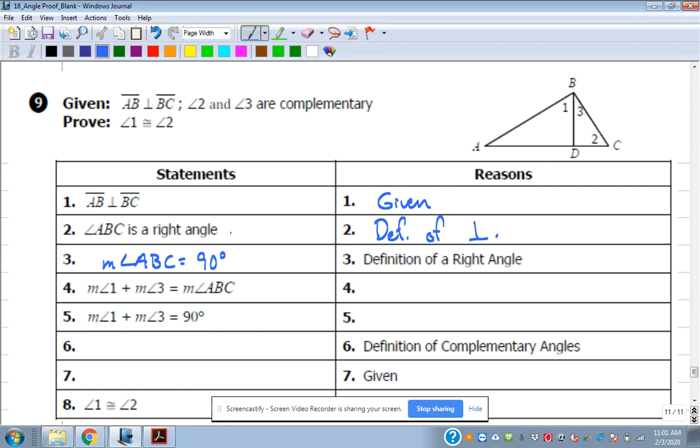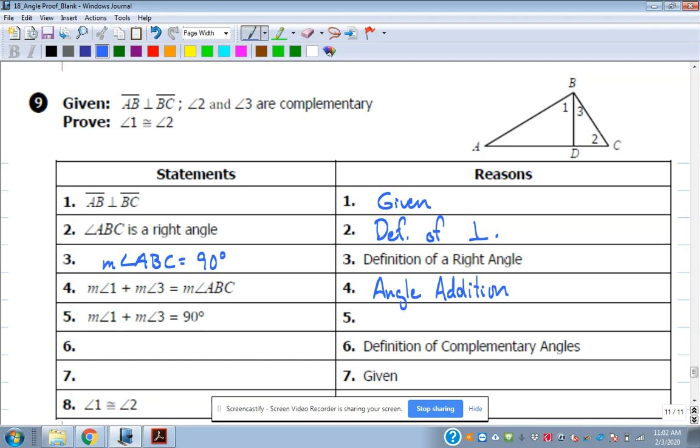And then number 4 says measure of angle 1 plus the measure of angle 2, or excuse me, measure of angle 3 is equal to the measure of angle ABC. So what is that? Angle addition. They took 2 smaller angles and made the bigger one. So that's angle addition, technically angle addition postulate.